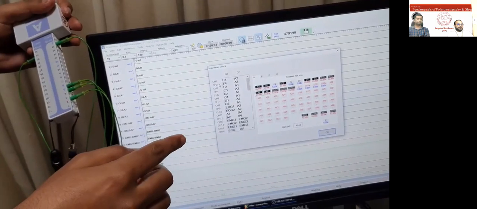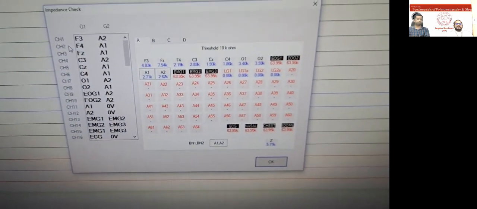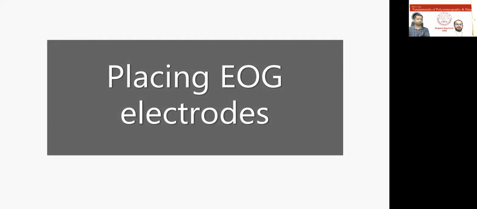As you can see, the moment F4 was plugged in, it is showing a rating of 5 kilo ohm. Give it a minute or two to settle, it might come down. Yeah, it has come down to 2 kilo ohms now.